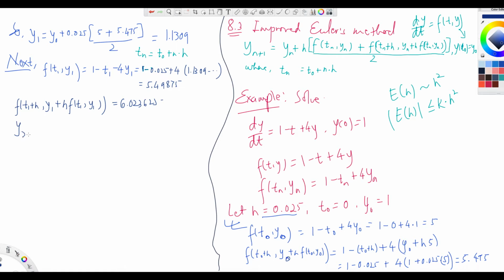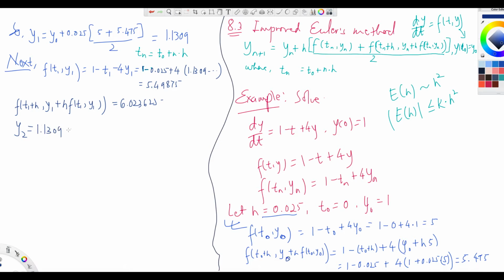So y2 will be, you just plug in that 1 minus t1. Oh, by the way, so y2 is y1 plus, right? Yn plus. So what is y1? Y1 is 1.1309, okay?